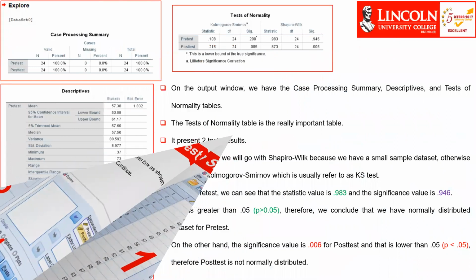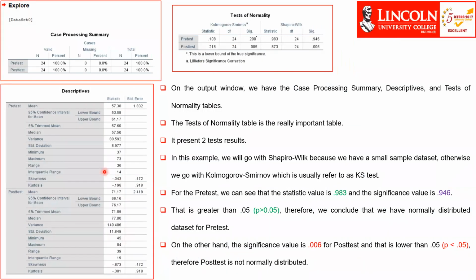On your output window, we have the case processing summary, the descriptives, and the test for normality. The test for normality table is the one that is quite important here. For the case processing summary, you have your pre-test and your post-test, those are your two variables.